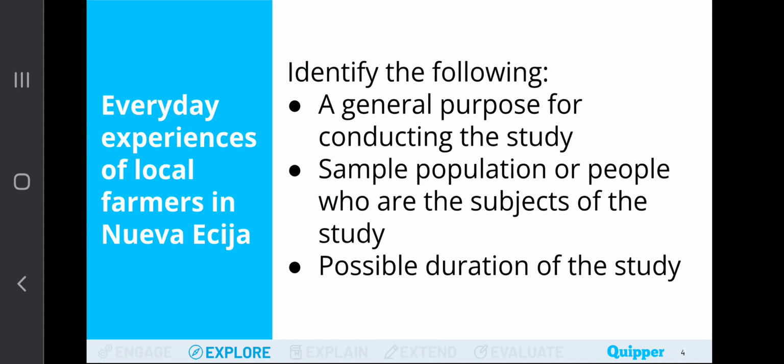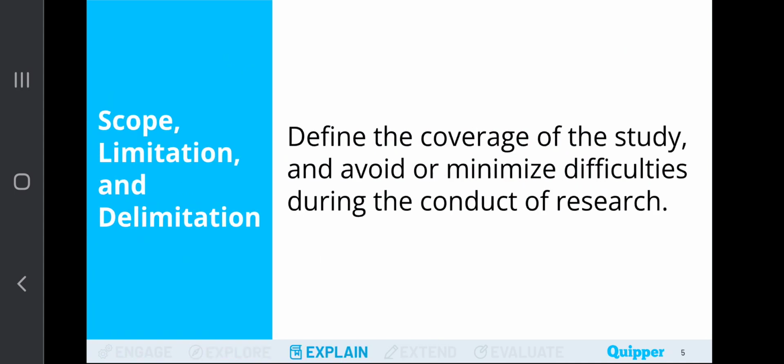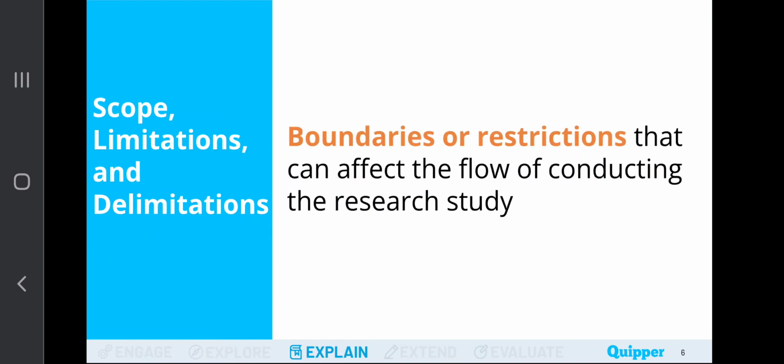In this context, we need to identify the following: a general purpose for conducting the study, the sample population or people who are the subjects of the study, and the possible duration of the study. We also need to define the coverage of the study and avoid or minimize difficulties during the conduct of research. Boundaries or restrictions that can affect the flow of conducting the research study.